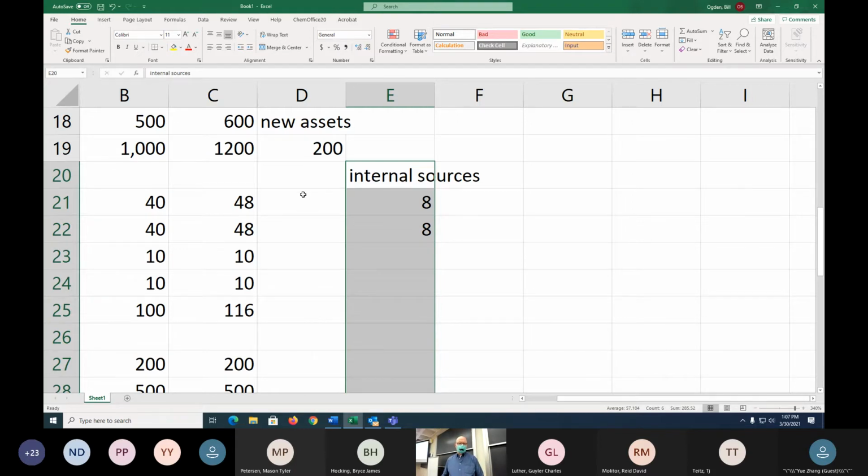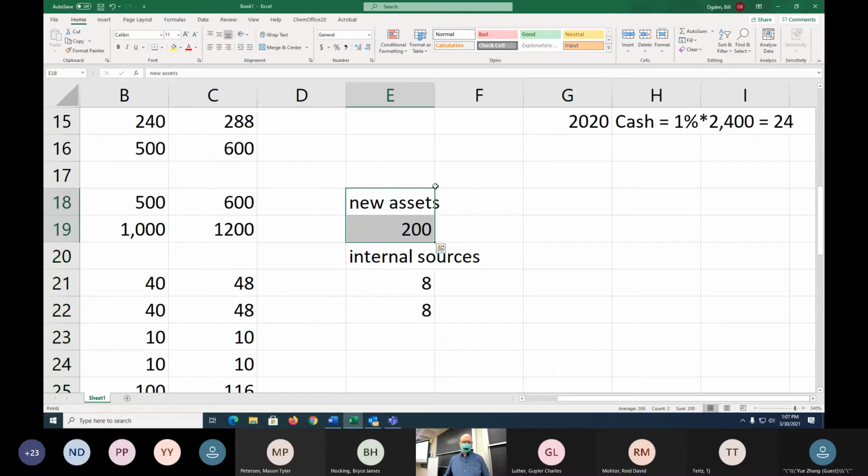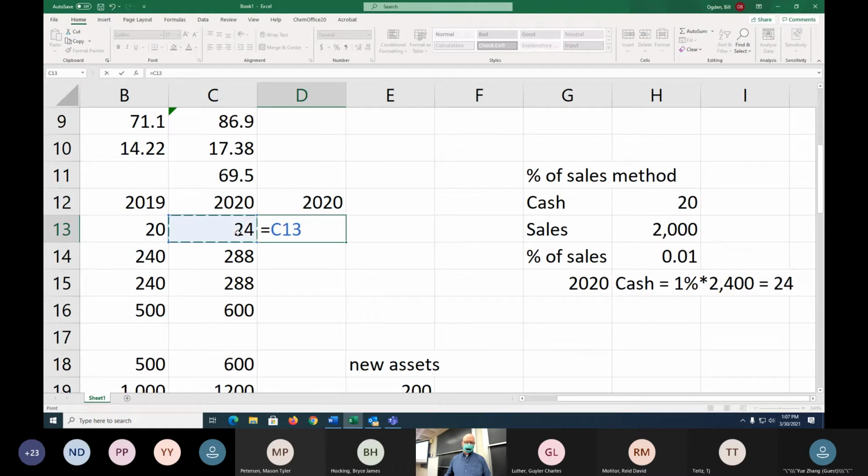So let's do the same thing here. Let's move these over. And the left side doesn't change a bit. So we can do another 2020 here. And this just stays as it is.